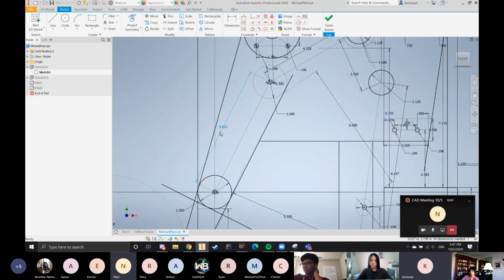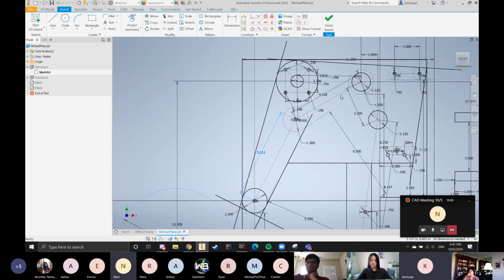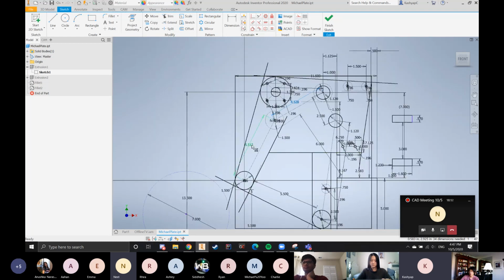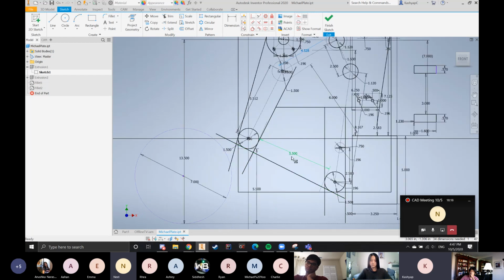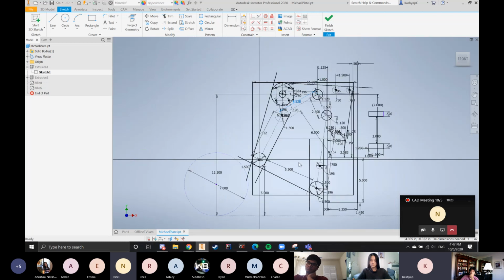You also notice that there are these weird looking dimensions here, like 5.512, 4.528. Originally when I start this sketch, I start with these constraints, the 5.5s, the 6s, the 6.25s, because that's the compression that we want to put on the ball.